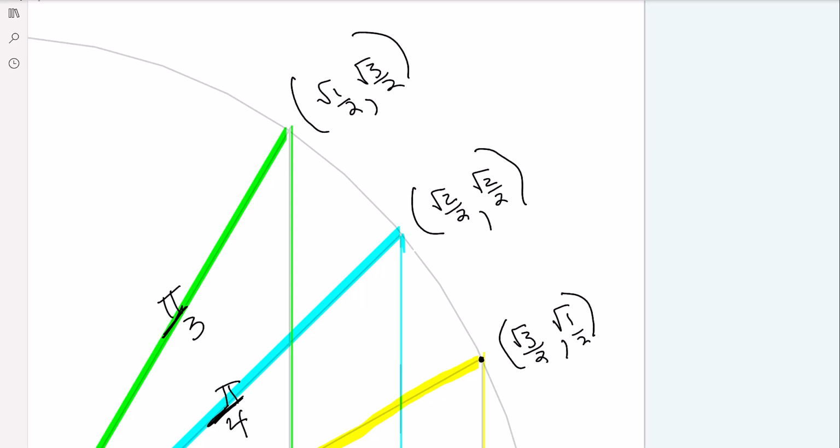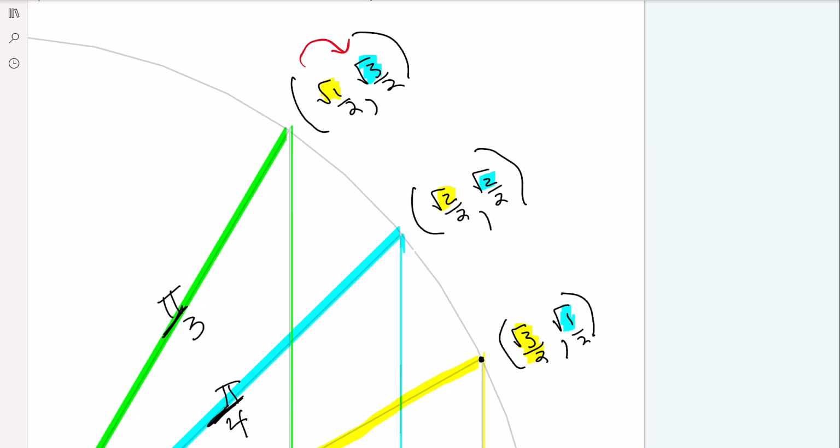Now look at, if we start in the x's, root 3, root 2, root 1, and then we shift, root 3, root 2, root 1. And notice they all have a fraction of 2, so you don't even have to remember that. Every one of these side angles are over 2.